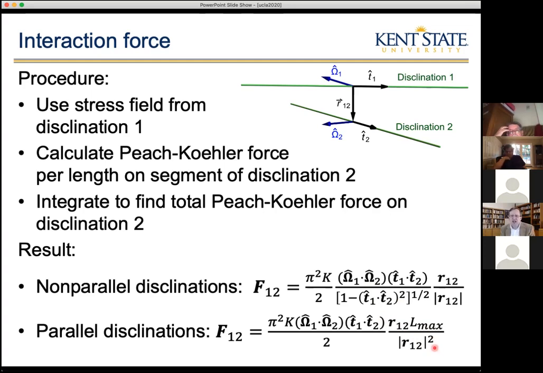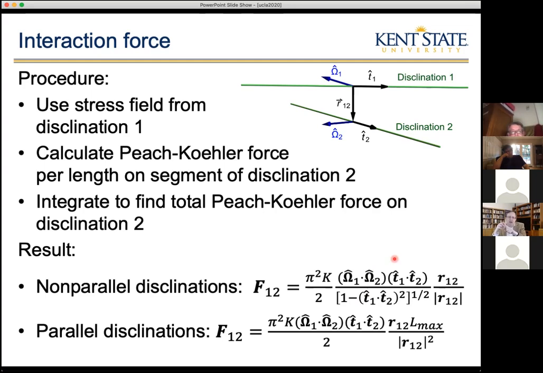So this is exactly in agreement with this classical calculation about the interaction energy, but derived through a different method, okay? But now, given that consistency check, we can apply it also to other kinds of problems where you have non-parallel disclinations that are coming close to each other and see if they attract or repel each other.